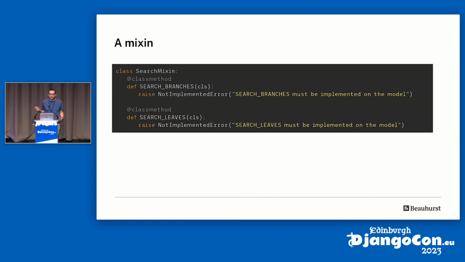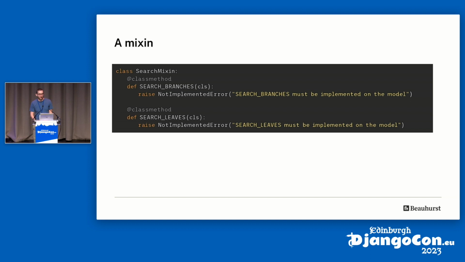The next thing we want to do is add this mix in to all our models. It's going to do 3 different things for us. The first thing is that we might have a load of models in the database that we don't want to be searchable at all, for example the user model. We don't want all users of the platform to be able to search over users' passwords and that kind of thing.